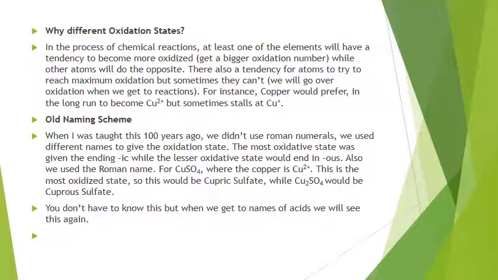Okay, so why different oxidation states? In the process of chemical reactions, at least one of the elements will have a tendency to become more oxidized, get a bigger oxidation number, while the other atom will do the opposite, get a lower oxidation number. There is a tendency for atoms to try to reach their maximum oxidation, but sometimes they can't.